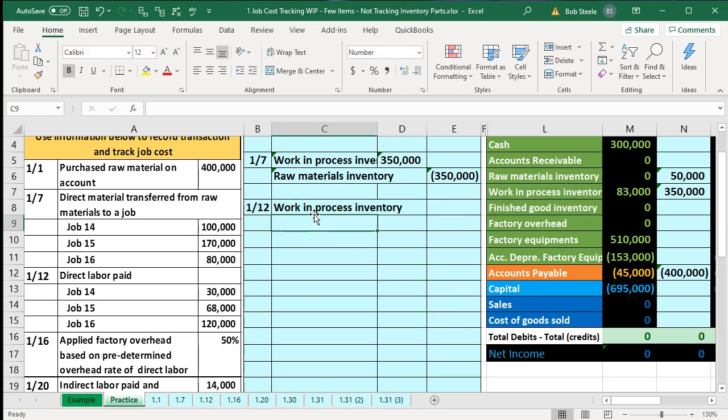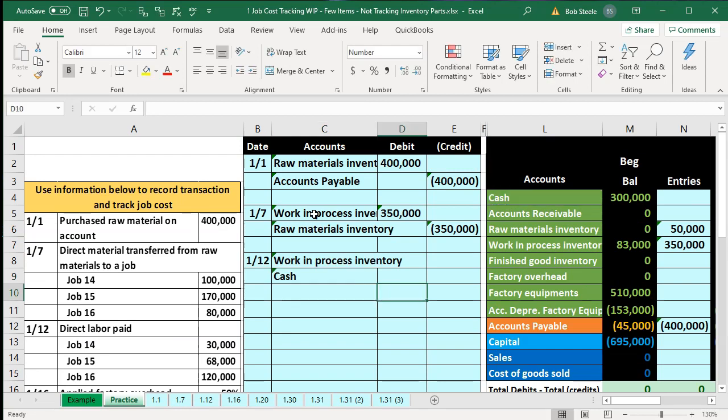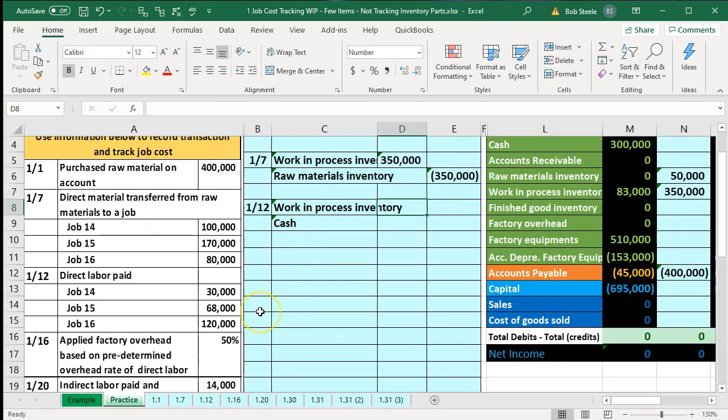So we're going to debit work in process for the wages that have been incurred, or the 1099s that we have entered, the contractor workers, or however we have that system set up. The other side then is going to the cash. And that's going to be for the amounts for the 3 jobs, 14, 15, and 16, equal to the 30,000 plus the 68,000 and the 120,000.